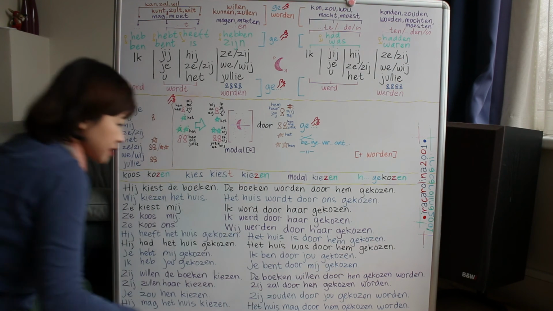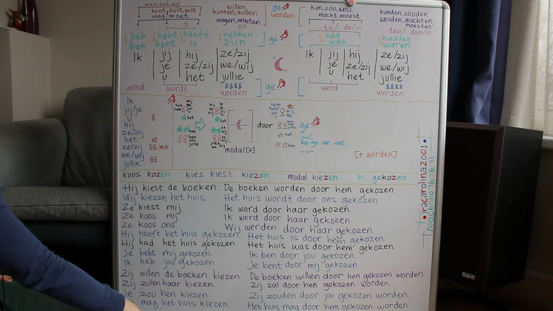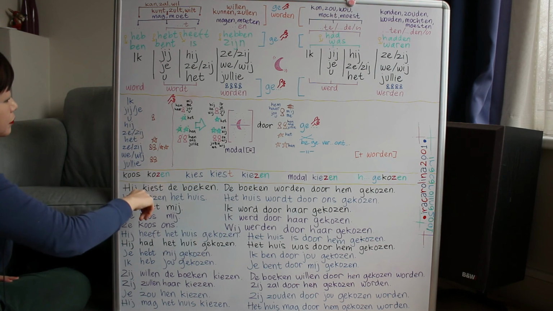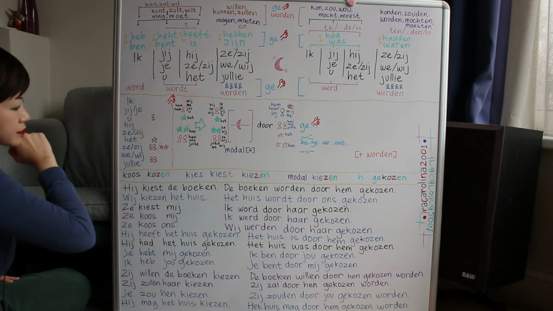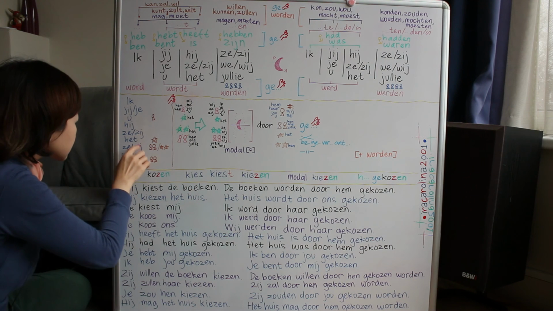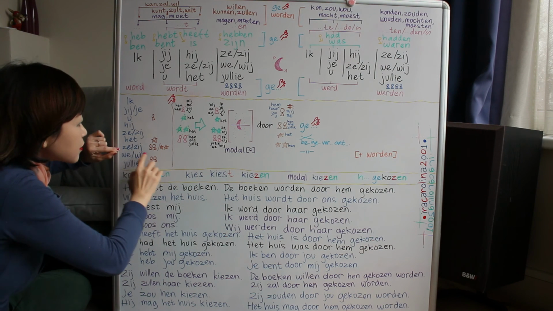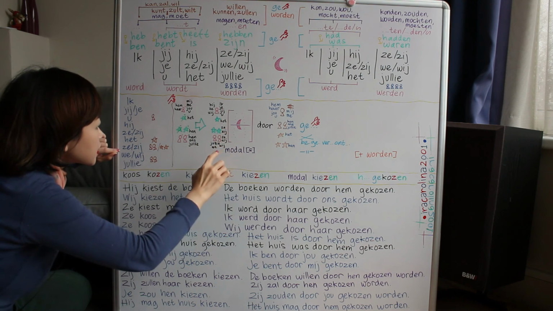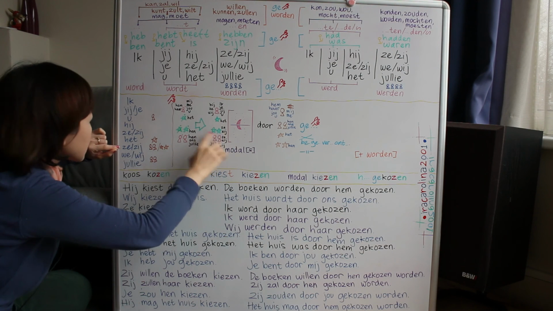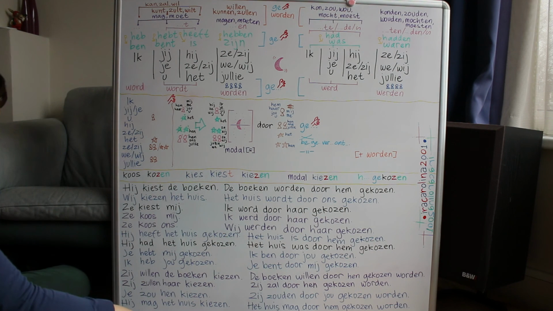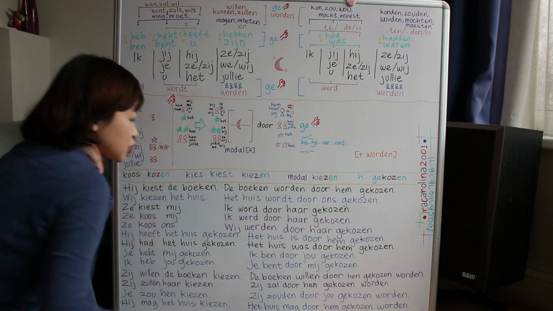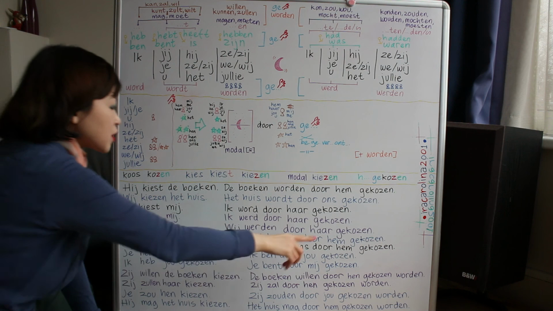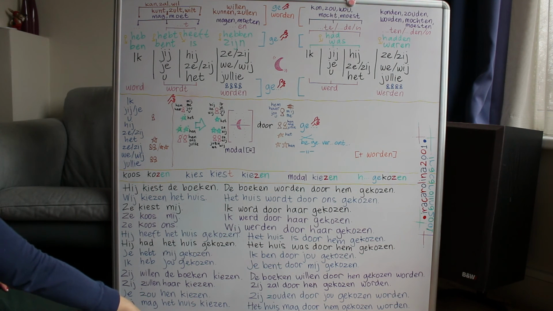Door hen, zij, it becomes hen. Gekozen, don't forget we use worden.